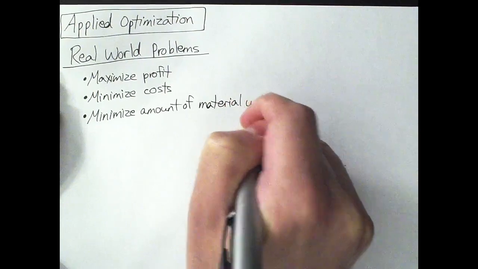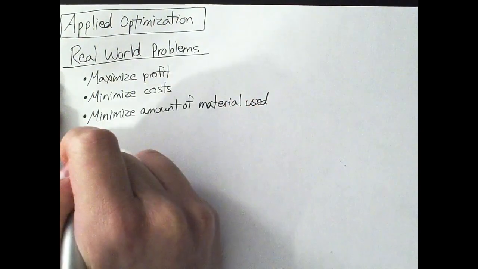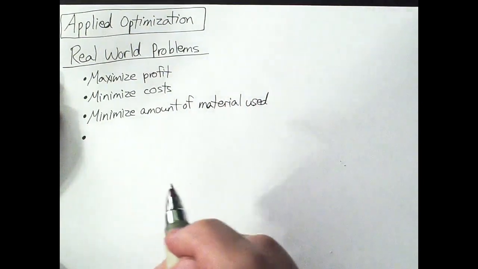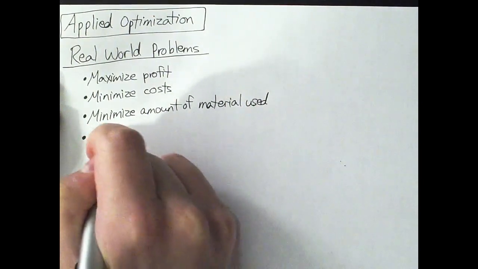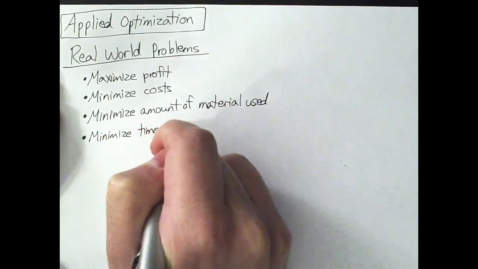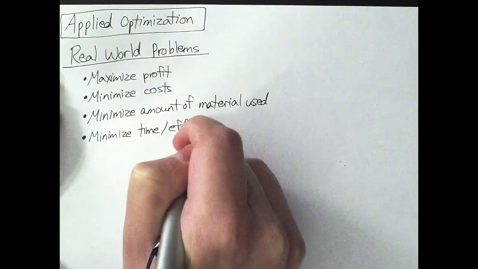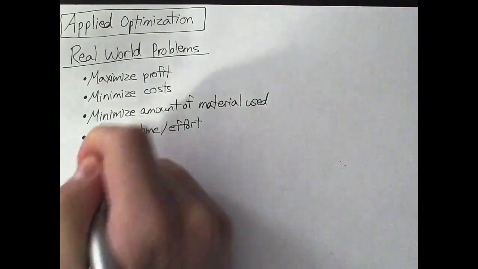We'll have a problem like that, so you'll see what I mean. Or let's say that just in general in life you want to somehow minimize the amount of time or effort that you exert to do something to accomplish some goal. You still want to accomplish the goal, but you want to do it in the least amount of time or the least amount of effort.